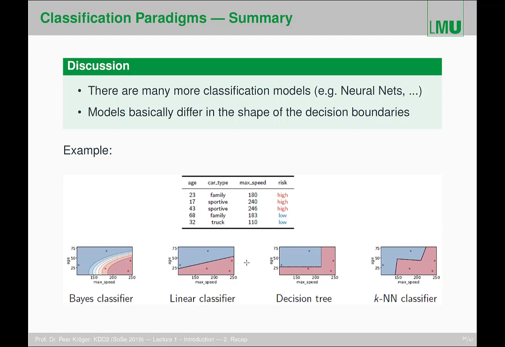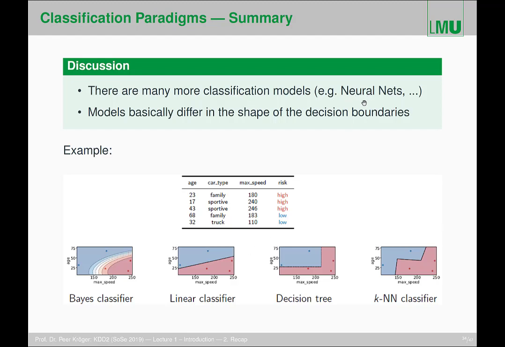But of course, we talked about that in KDD 1: the more complex a model is, and the linear model is the simplest, the higher the tendency to overfit. The simpler it is, the lower the tendency to overfit.